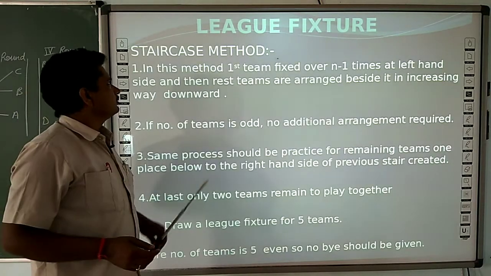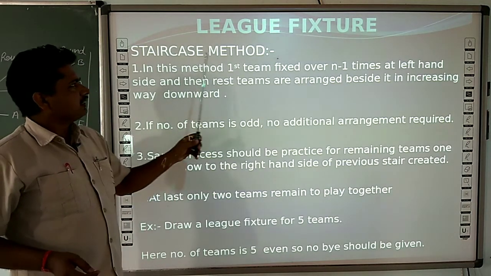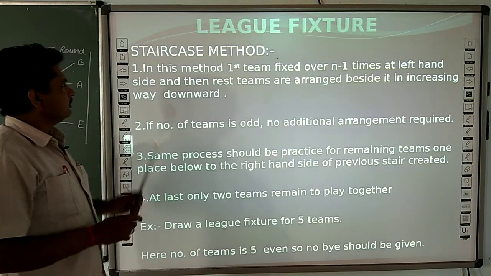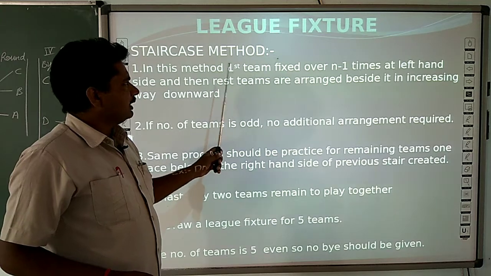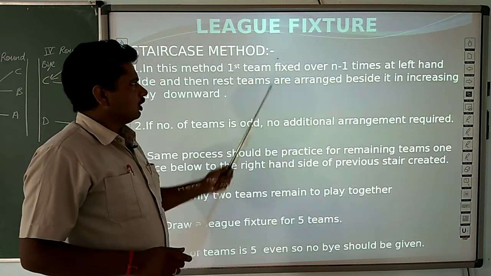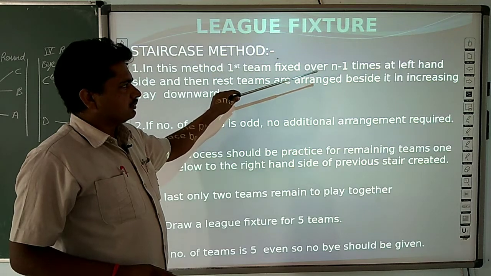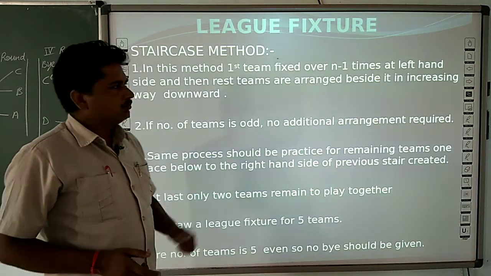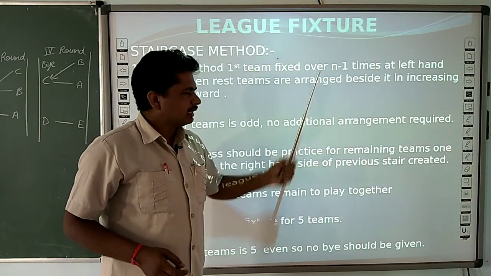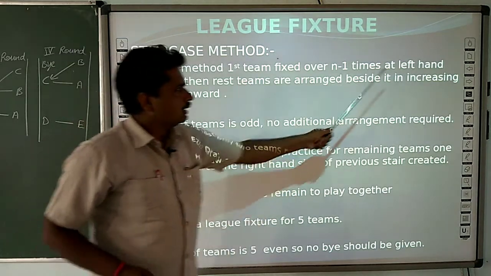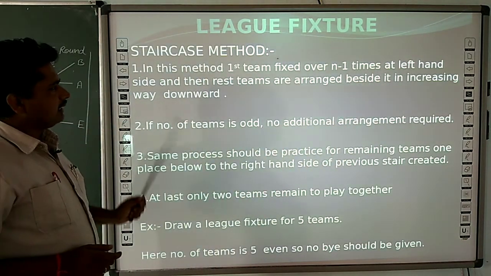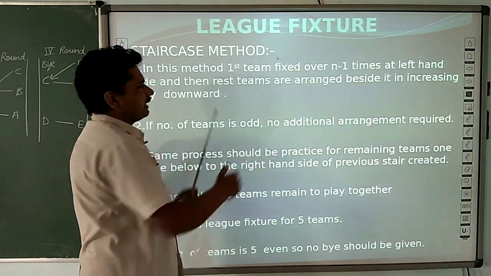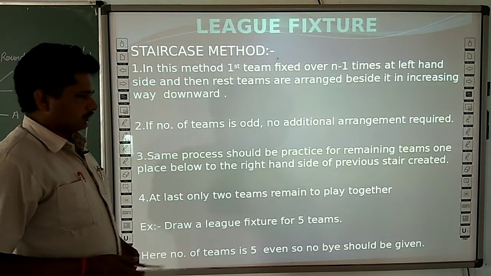Now dear students, we have to discuss the staircase method. This is in the form of a stair. Here we have to place the first team in the first place, and in every place we place the team first up to n minus 1 times on the left hand side, and then the rest of the teams are arranged beside it, on the right hand side, in increasing order downward.